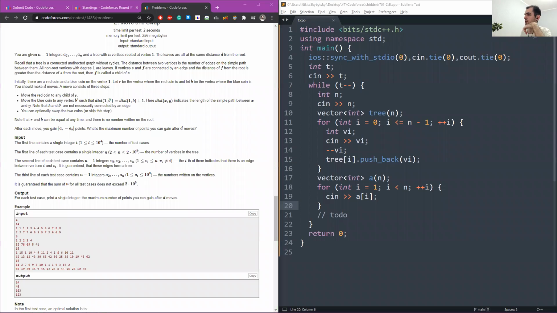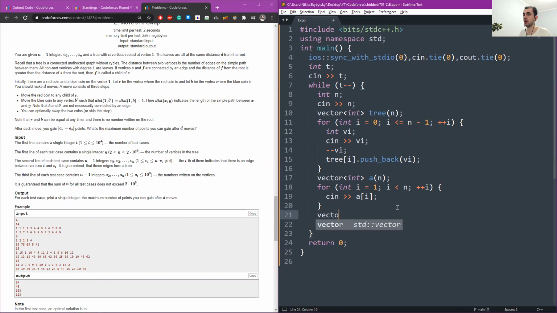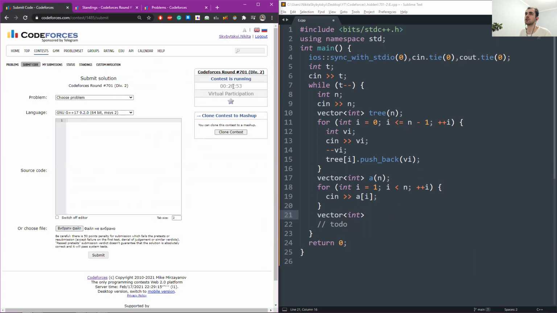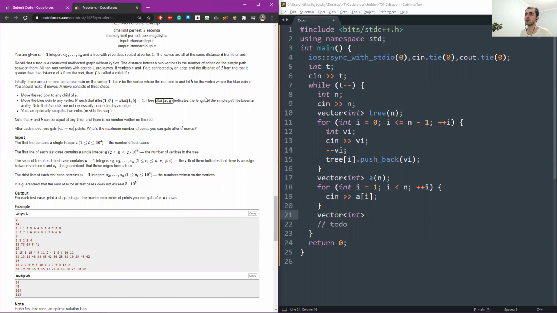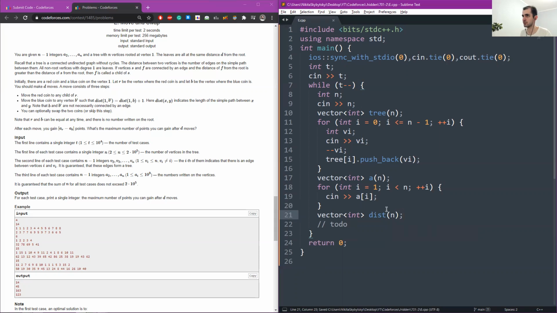I think I actually have a very hand-wavy idea of what I should do. I'm not sure if it's implementable in half an hour, but we'll try. There's not much time anymore. Okay, so actually this may help us.